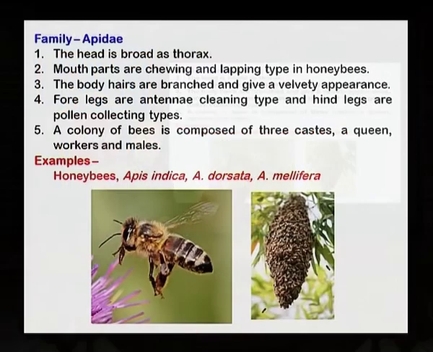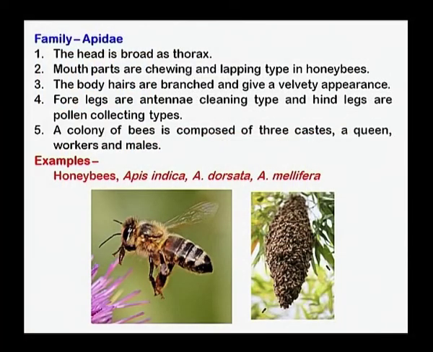Mouth parts are mostly chewing and lapping type, particularly in honeybees. The body hairs are branched and give a velvety appearance. So, insects of the family Apidae look like velvet.